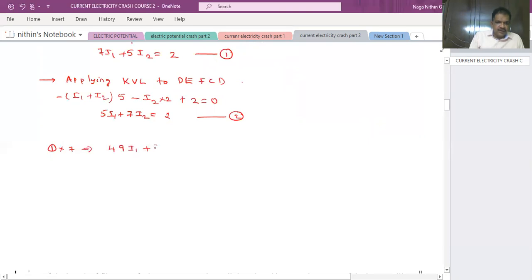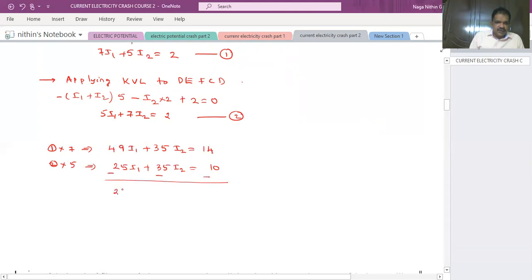49 I1 plus 35 I2 is equal to 14. Second equation I am multiplying with 5: 25 I1 plus 35 I2 is equal to 10. You subtract.